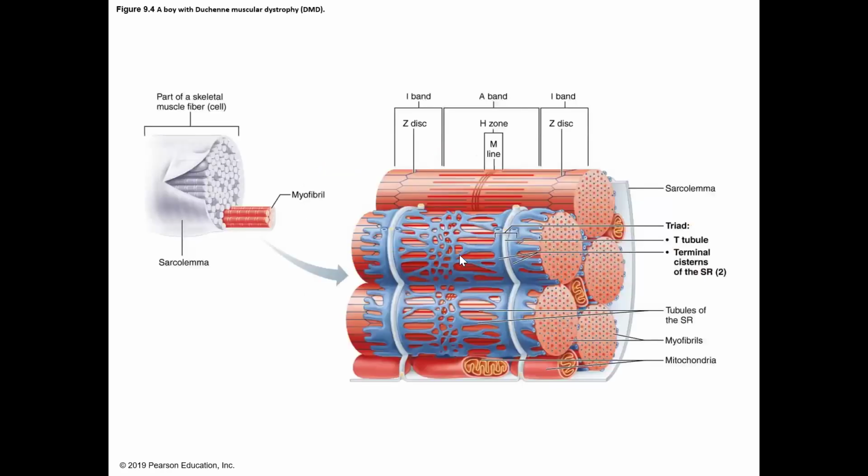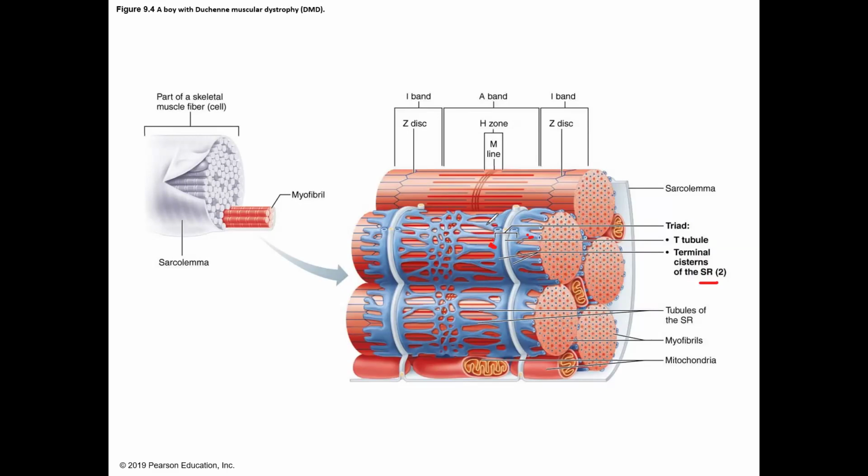Now, this is showing us the organelle that surrounds your myofibrils. It's called the sarcoplasmic reticulum. Okay, it's abbreviated SR. And you got two sides of this sarcoplasmic reticulum where calcium can be released because calcium's stored inside the sarcoplasmic reticulum.